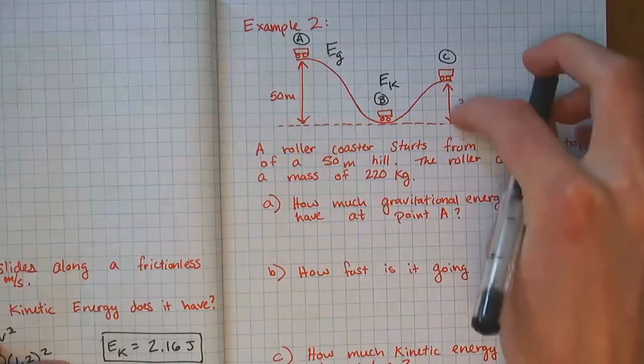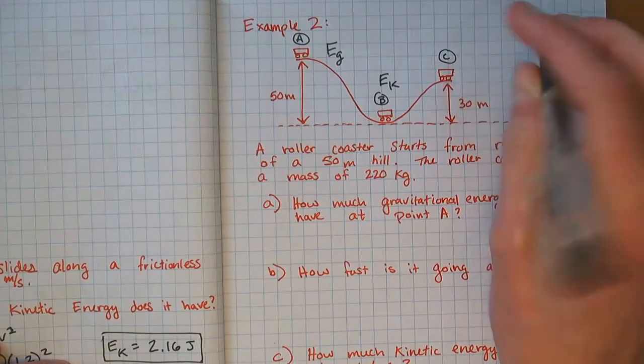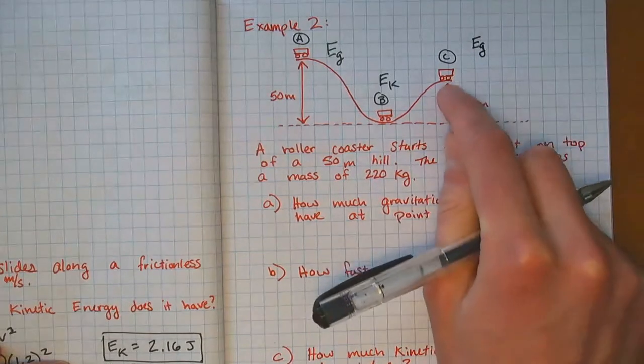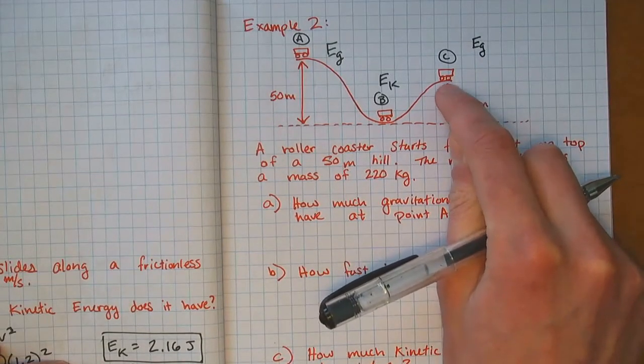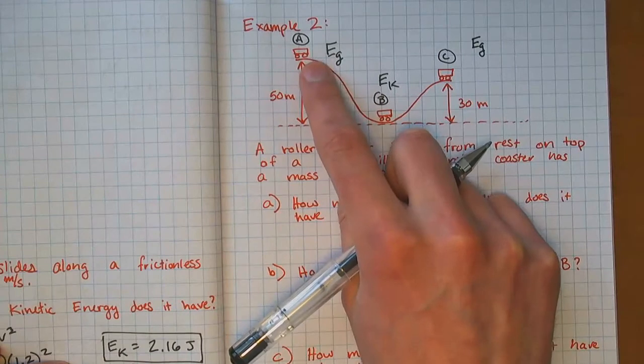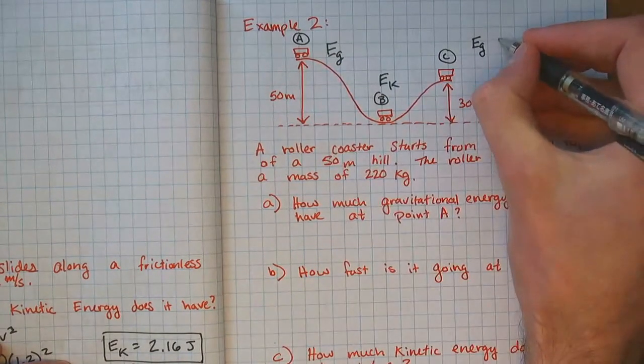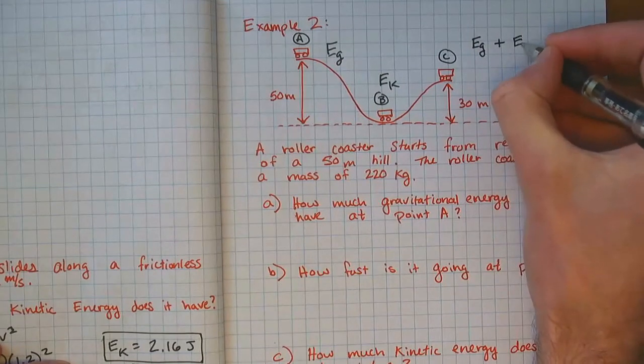Let's take a look at part C. Part C is actually going to have a combination of different types of energy. It's going to have gravitational energy because it is up high, but not as much as it did at A because it's not up as high. That means the rest of that energy is going to be kinetic energy.